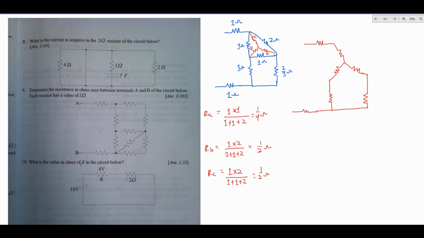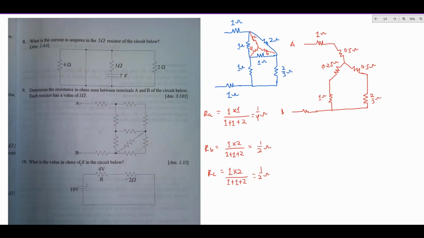This should be terminal A, this should be terminal B. We have 1 ohm here, and for C we have 0.5 ohms, and for B also 0.5 ohms, and for A we have 1 over 4, which is 0.25 ohms. Over here we have 1 ohm, and 2 on 3 ohms here.